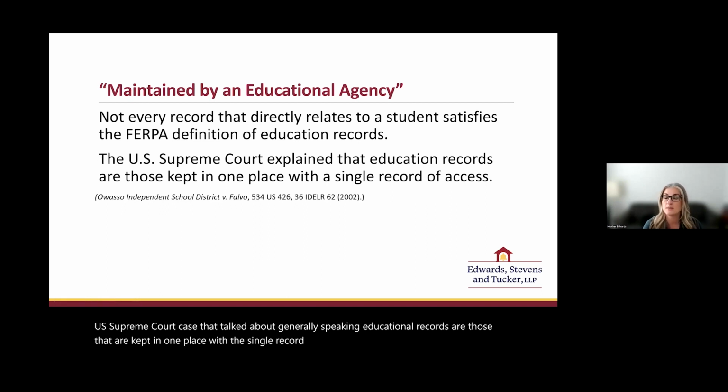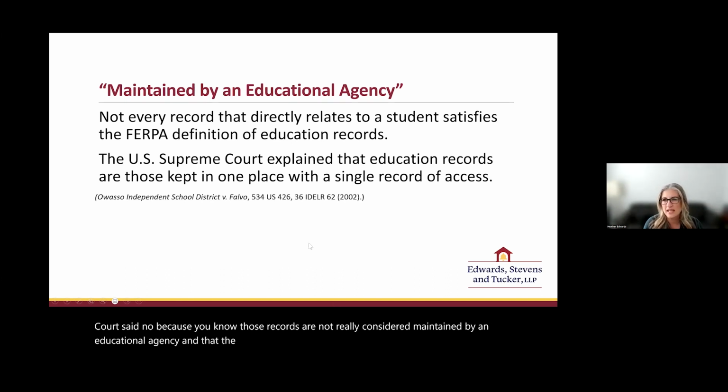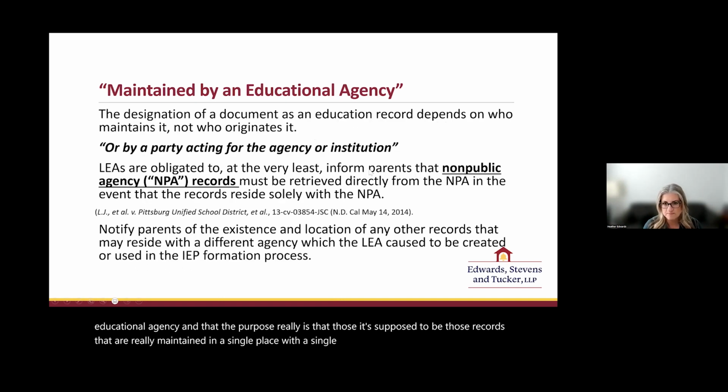This case talked about when you're grading papers in a classroom and you're doing peer grading, and would that be considered an improper disclosure of an educational record? And the Supreme Court said no, because those records are not really considered maintained by an educational agency, and the purpose really is that it's supposed to be those records that are really maintained in a single place with a single record of access.